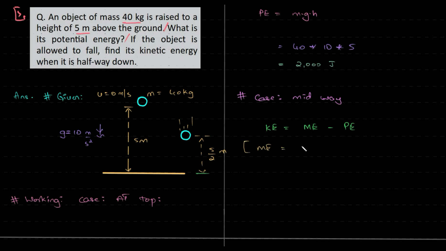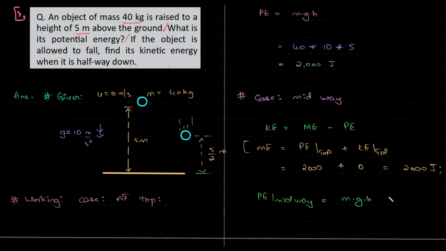Mechanical energy is potential energy at the top plus kinetic energy at the top. So this is obviously 2000 and this is 0. So this is 2000 joules. And potential energy midway is equal to m into g into h.